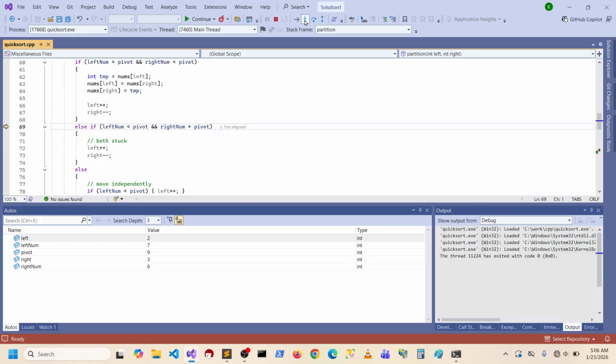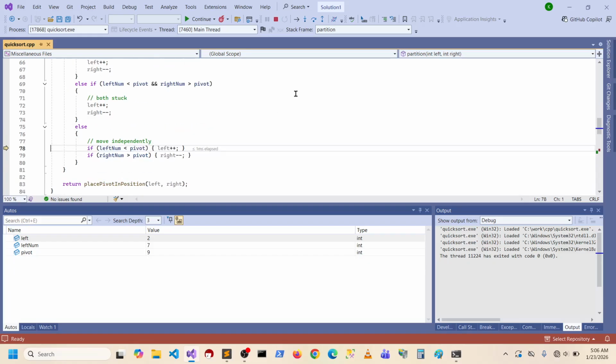Left num is less than pivot and right num. No. Pivot there. So now 3 and 3. And right should have stayed the same. Okay.